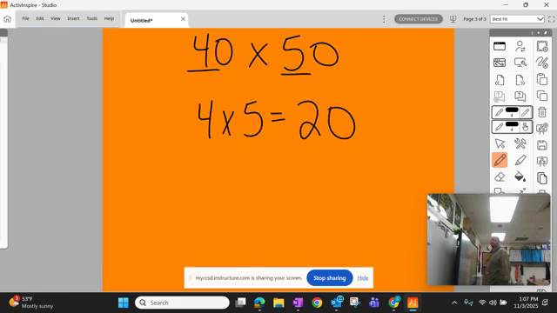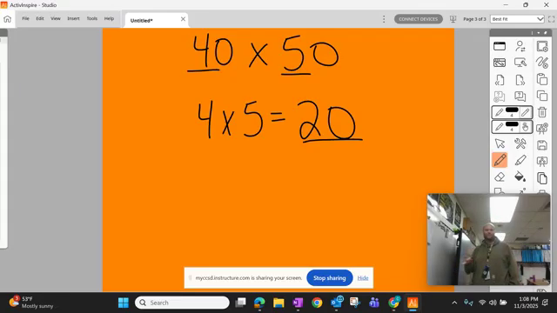This is where a lot of my students get a little hiccup. They see that zero. And now you're going to see why I say, hey, underline your basic fact product. Because they see that zero and they go, oh, well, I need to add two zeros, but there's already one in there. This 0 in 20 is not a part of the zeros you add because that is your product of your basic fact. That's the answer to 4 times 5.